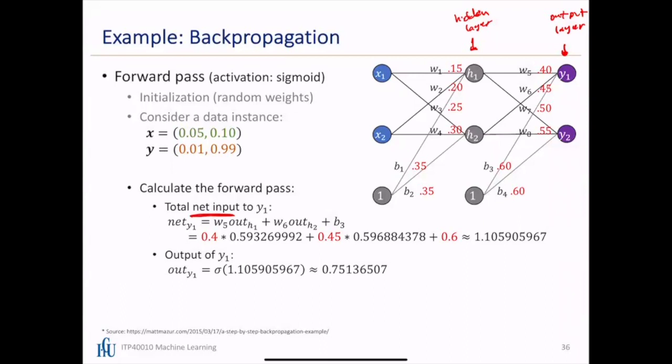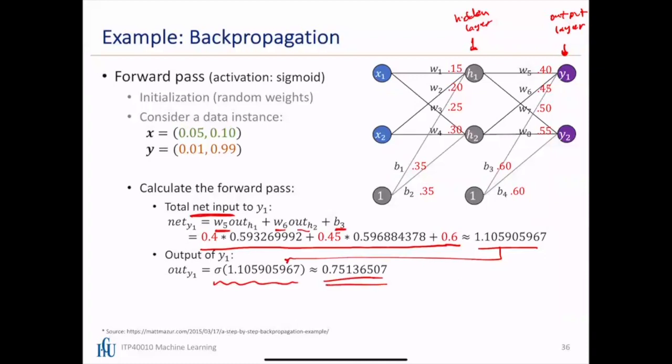That is W5 multiplied by the output of H1, W6 multiplied by the output of H2, and B3. You collect all the numbers and do the algebra, and put this into the sigmoid or activation function, and this is the final outcome. So at the first iteration, this is your prediction.